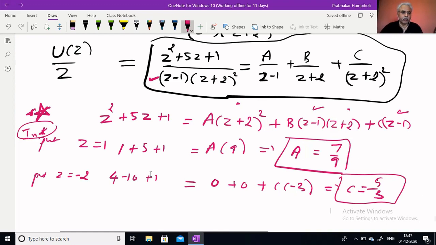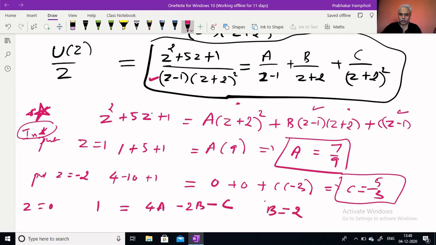To find the remaining B value, you can select some value for z. z equal to 0 is the best value. For B, put z equal to 0. You get 1 equal to 4A minus 2B minus C. Except B, the remaining values we know, so this yields the value of B as 2.